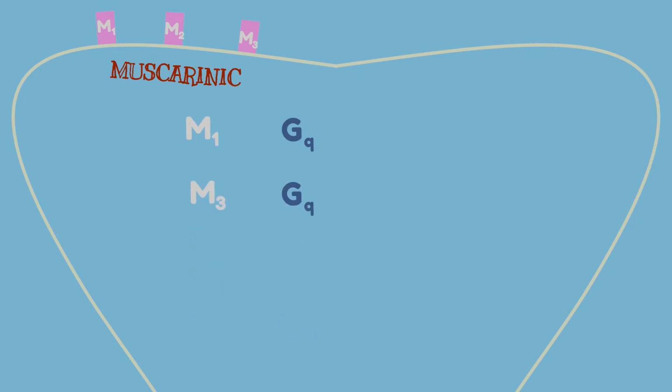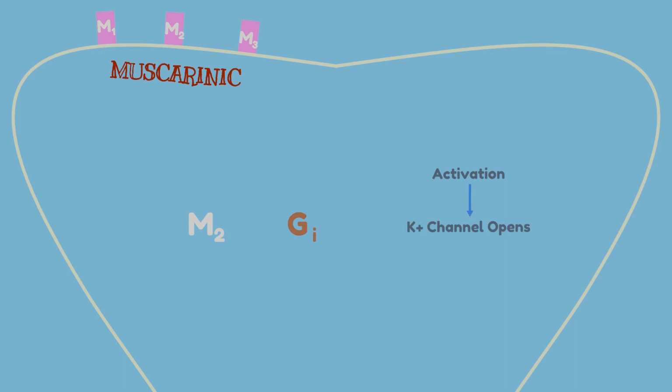The Gq type receptors, that is the M1 and M3 receptors, when activated by acetylcholine, cause an influx of calcium inside the cells where they are present and produce depolarization, or simply an excitatory effect. The Gi type receptors, that is the M2 receptors, when activated by acetylcholine, cause an opening of the potassium channels, which produces hyperpolarization, or simply we can say an inhibitory effect.